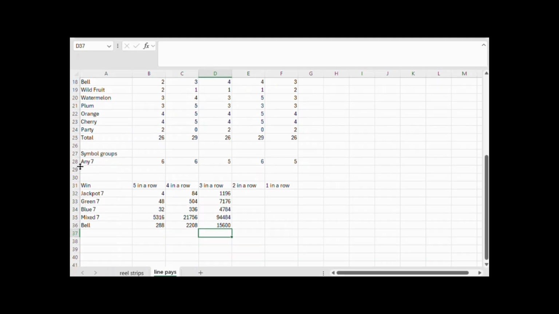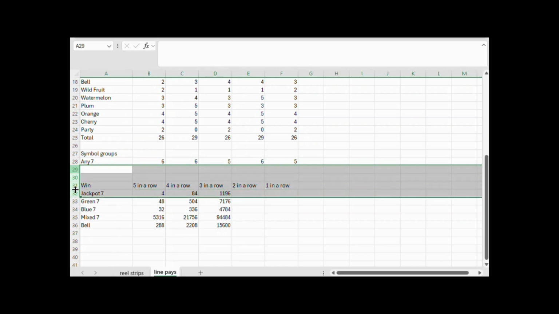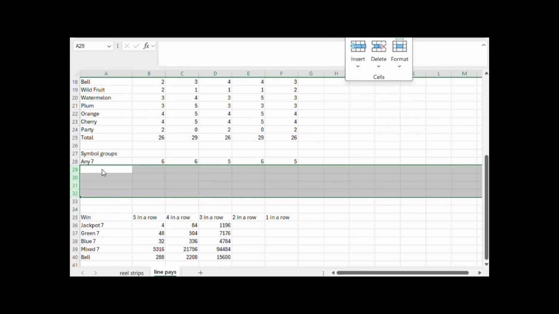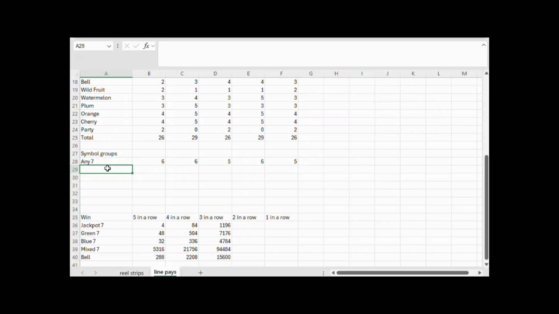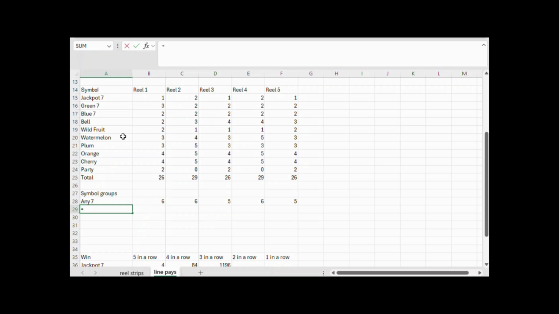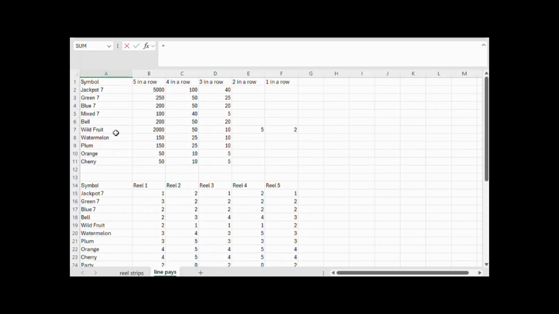So next, it gets a little bit more complicated with the fruit symbols. So let's add in some more groups. It's complicated because we have this wild fruit symbol, which can count as any fruit. So I'm going to create a category for a watermelon or the wild fruit.